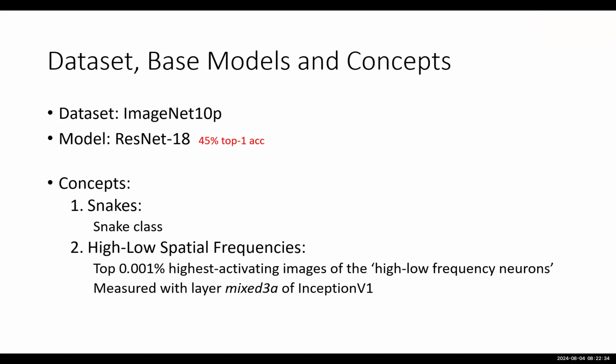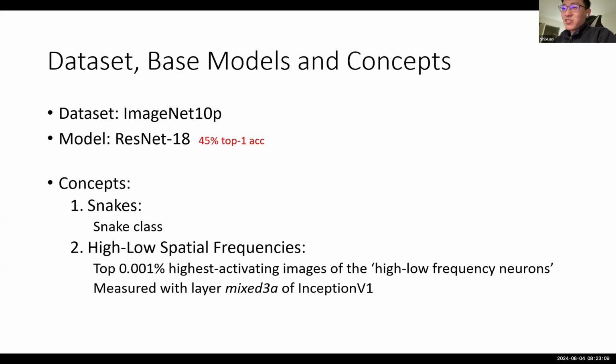I do have one question. Yeah, please go ahead. If I understand this correctly, for the probe, the accuracy here is kind of weird to me because we're essentially doing binary classification, right? And why is it only 45% if it can be flipped? Actually, the 45% accuracy is not the validation accuracy.